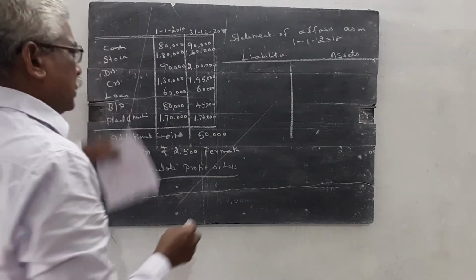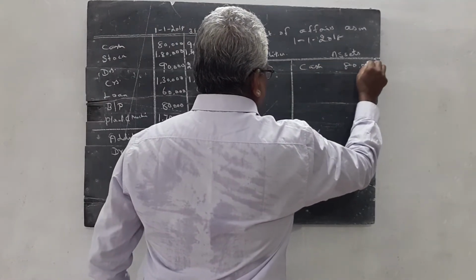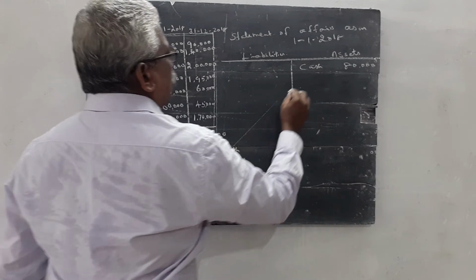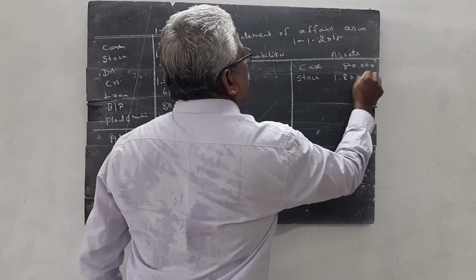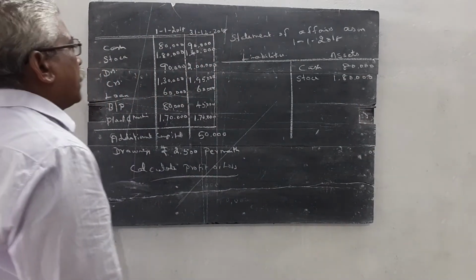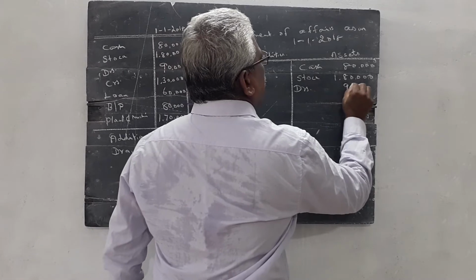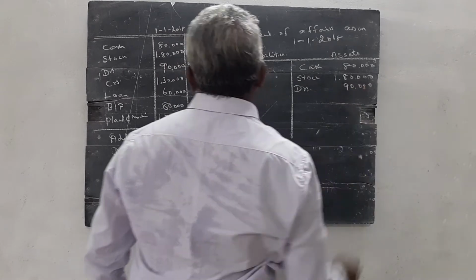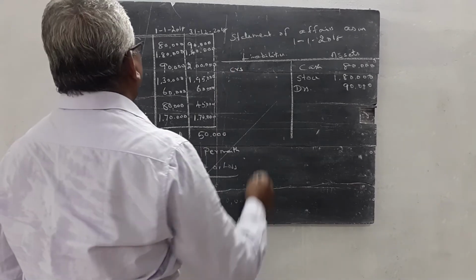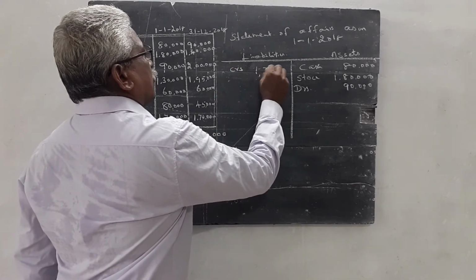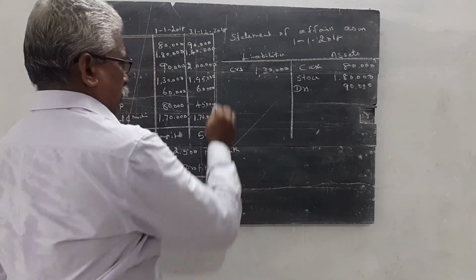First, cash is an asset. Cash 80,000. Stock 1,80,000. It is also an asset. Then debtors is an asset. Debtors 90,000. Then creditors is a liability. Creditors 1,30,000. Then loan is also a liability.